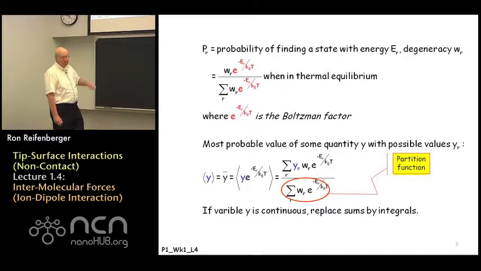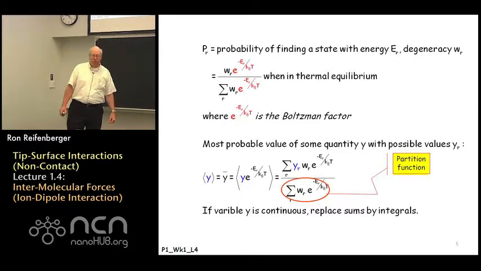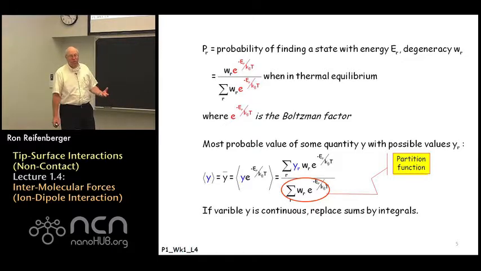It's just a sum of all possible values y multiplied by the probability that each value is observed. This is a standard formula that's used to calculate thermodynamic averages, and hopefully this brief review will remind you of what you've already learned in maybe an introductory thermodynamics course.